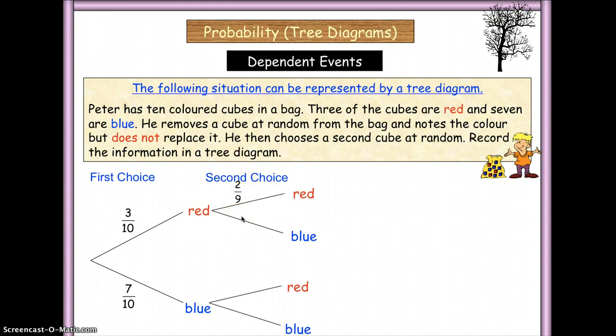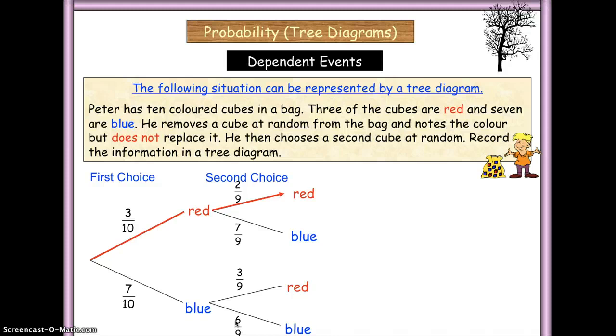So here, there are still 7, but out of 9 because the other cube was not put back inside the bag. On the other hand, in the second scenario, it was the blue that was taken away on the first time. So for red, it's going to go back to 3 out of 9. But for blue, because on the first choice blue was taken, 7 will change to 6 out of 9. Okay?